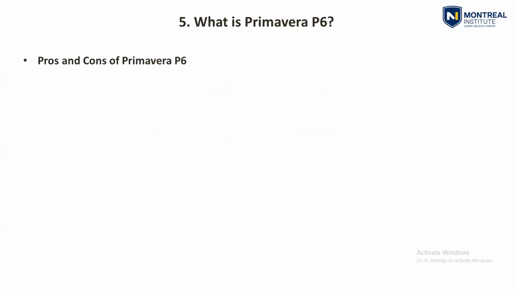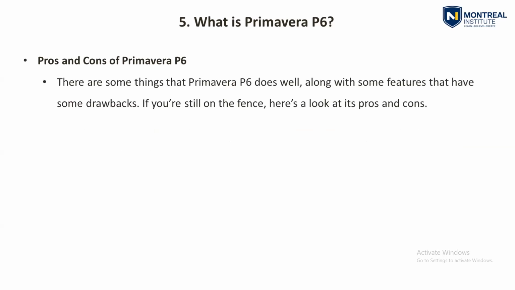Pros and cons of Primavera P6, that is, the advantages and the disadvantages. There are some things that Primavera P6 does well, along with some features that have drawbacks. If you are still on the fence, here is a look at its advantages and disadvantages.